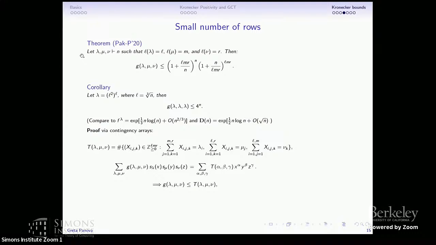Then this is the generating function for these contingency arrays when we write this in terms of monomials. Now we just expand this into terms of monomials. As I said, here we have positive monomials. Then we get that the Littlewood-Richardson coefficient is bounded by the number of marginal problems or contingency arrays.